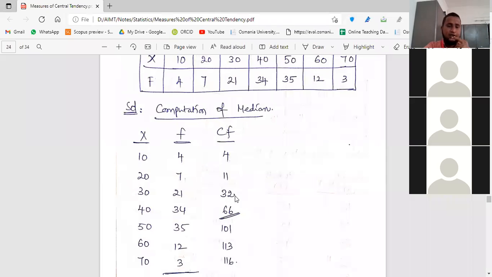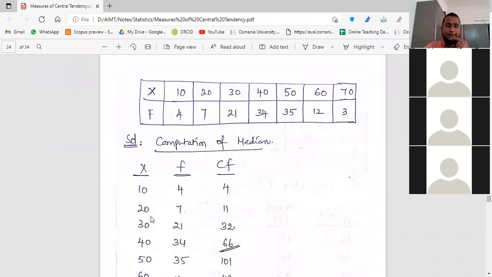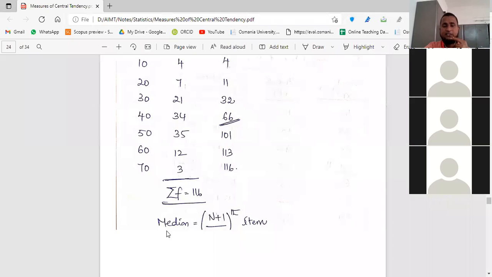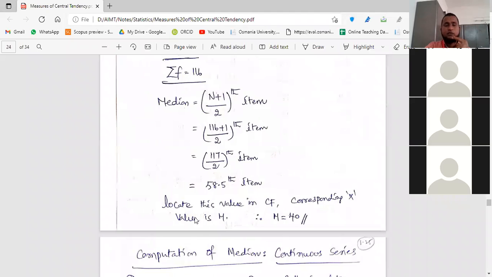So it will come between 32 and 66. So the corresponding X value is 40. So median is 40. So locate this value, 58.5, in cumulative frequency, and the corresponding X value is the median, that is 40.